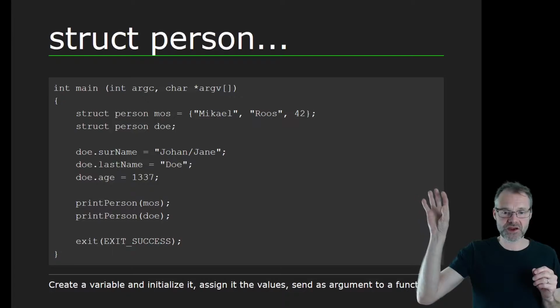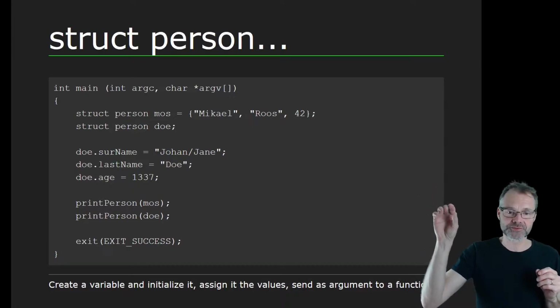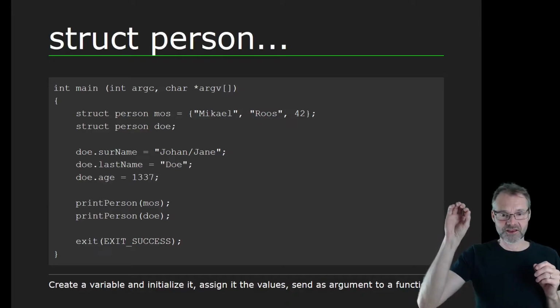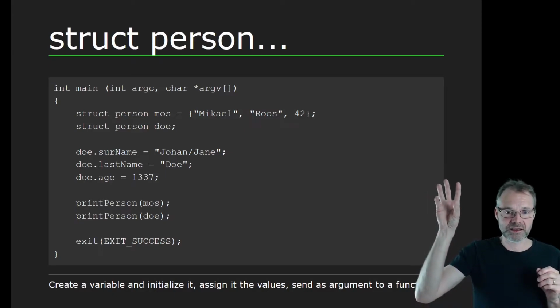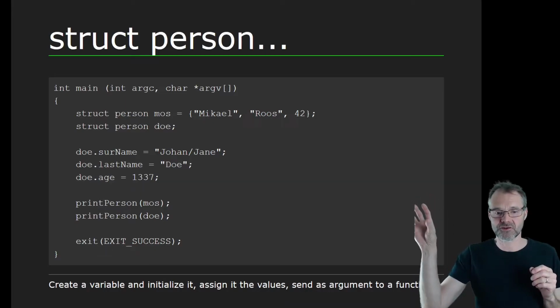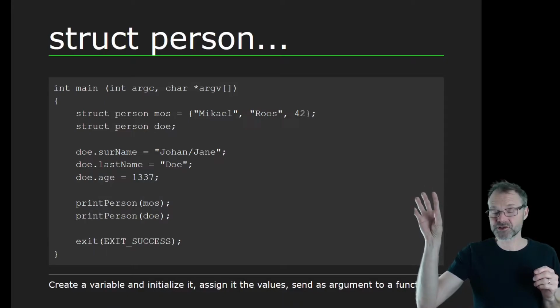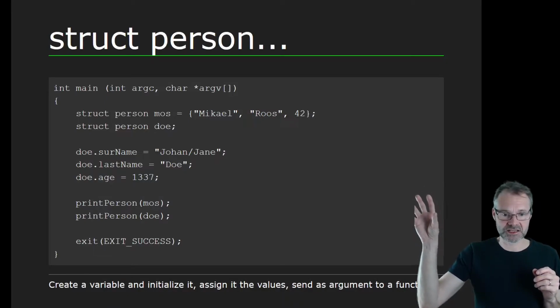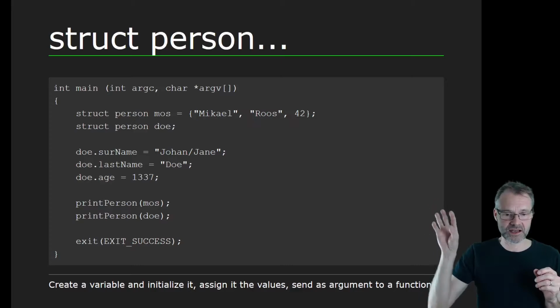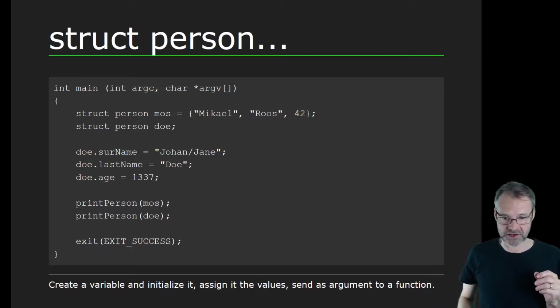The first one I'm initializing, so you see the curly brace up there, and then the surname, the last name, and the age, in that order. The struct person doe is not initialized, but I'm assigning its individual values down there, with the surname, last name, and the age. Then I'm going to print both persons.